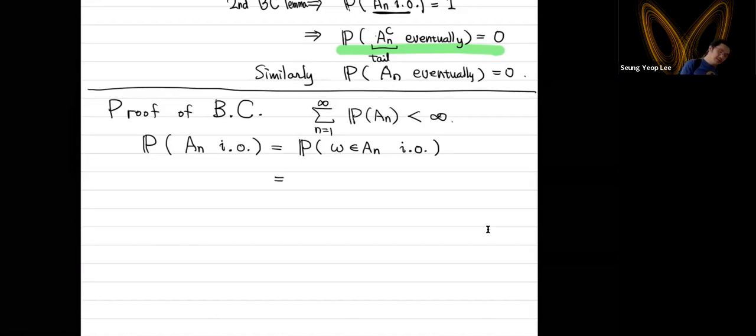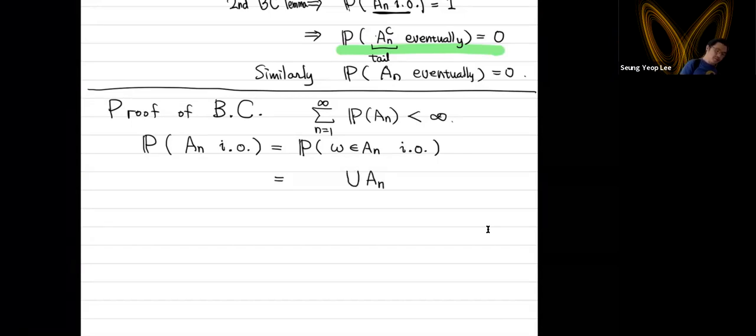Now let's consider a union, for certain k. Consider this event: the union of A_{k+1}, A_{k+2}, all the way to infinity.